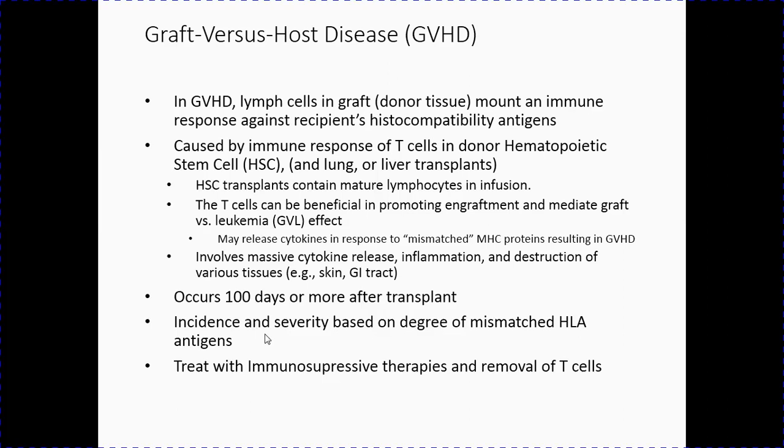We can treat it with immunosuppressive therapies, and we can do some removal of T cells. As I said, though, T cells are really helpful in engraftment and the graft versus leukemia response. So why don't we just remove the T cells anyway? Because they're actually helpful in the process of the hematopoietic stem cell transplant.